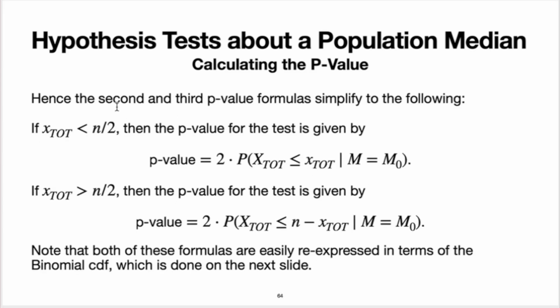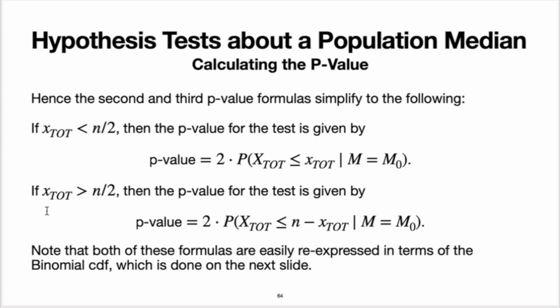And so for the second and third p-value formulas on that slide, the formulas simplify to the following. If the observed value of x_tot is to the left of n over 2, then the p-value for the test is given by 2 times the probability that X_tot is less than or equal to little x_tot, again computed under the conditions of the null hypothesis.